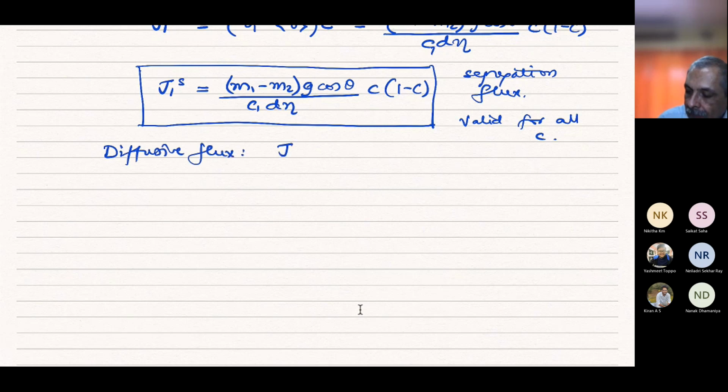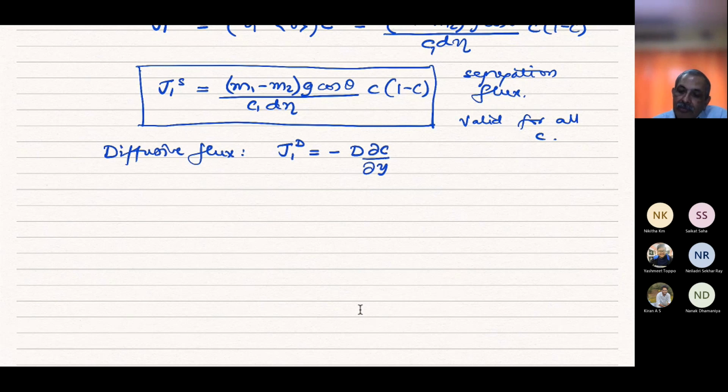I'll call it J1 of D, which is diffusing, and that is given by D into del C by del, any variable.